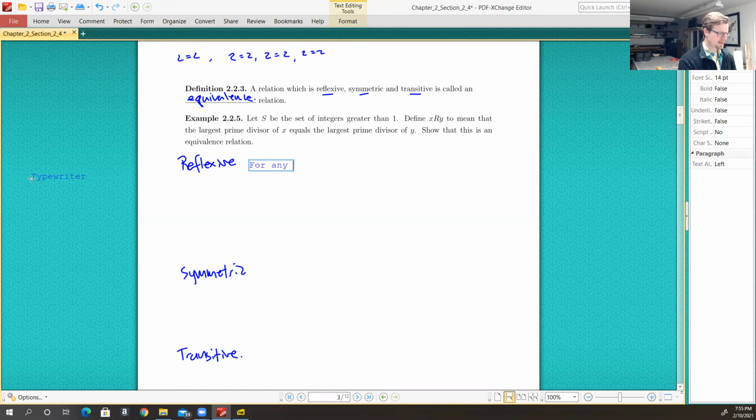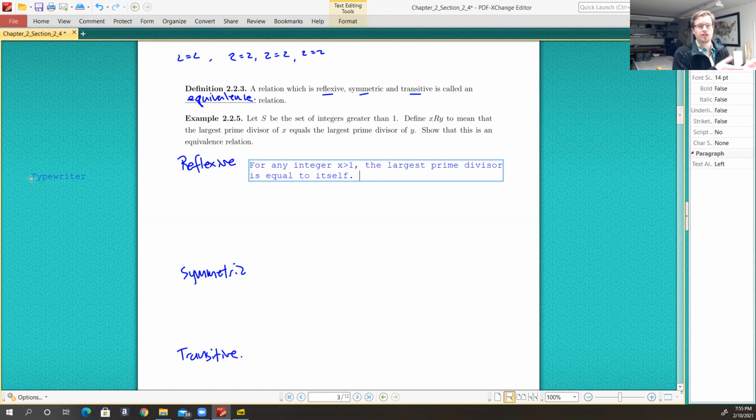So I want to show that our relation is reflexive. So for any integer x greater than 1, of course, the largest prime divisor is equal to itself.